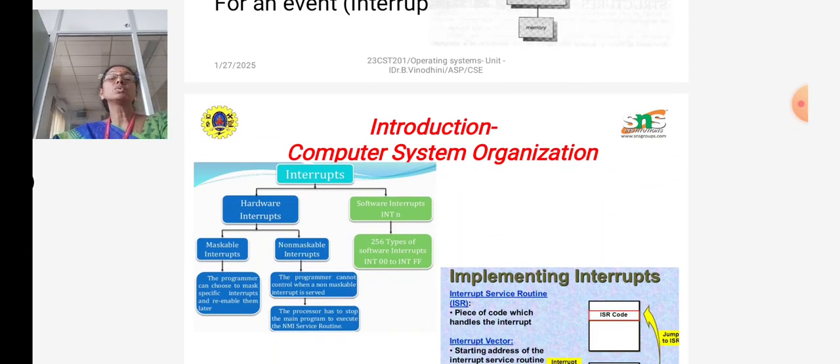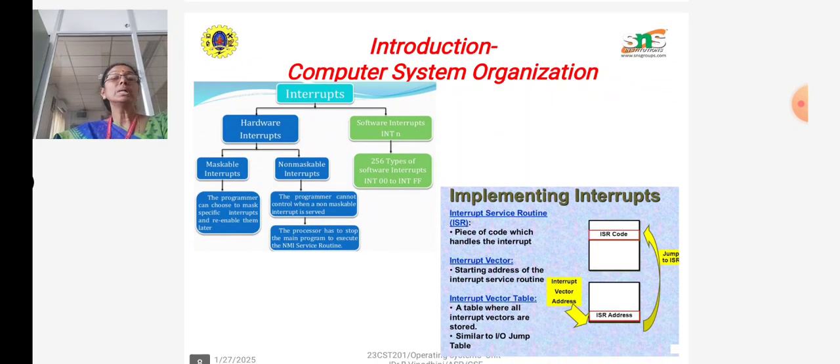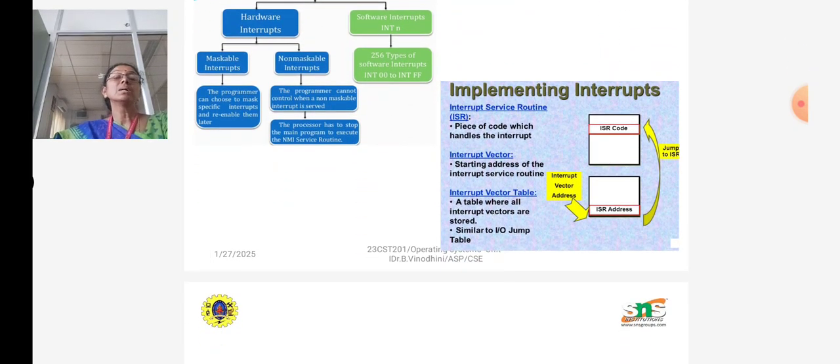Every event occurs in terms of an interrupt. Interrupts are of two kinds: hardware interrupts and software interrupts. A hardware interrupt occurs at the kernel level, and a software interrupt occurs through system calls. To handle an interrupt we have an interrupt service routine, which contains a set of code to handle the interrupt.